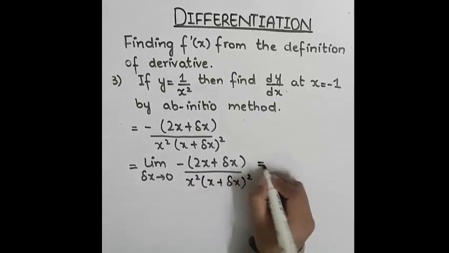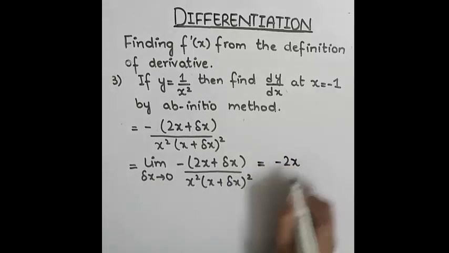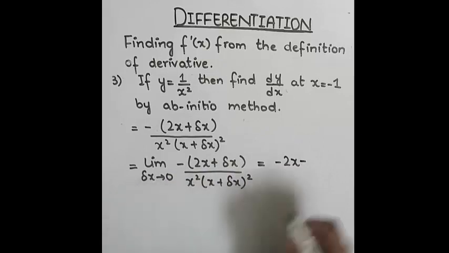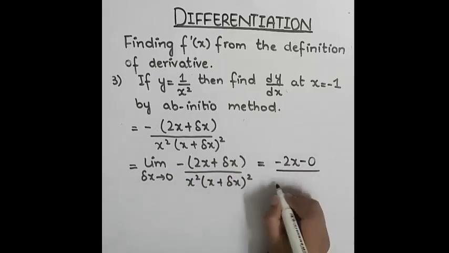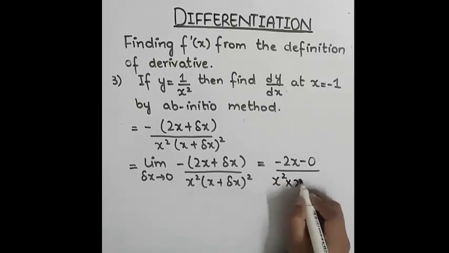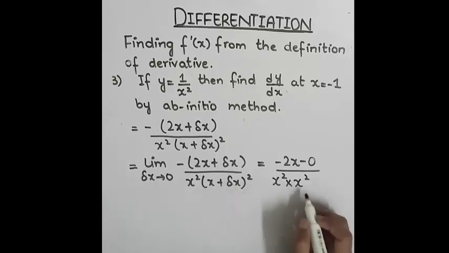Now applying the limit, the value of delta x is approaching 0, so we have minus 2x divided by x square multiplied by, when we open its square, (a plus b) whole square, both the delta x terms will be cancelled out and we are left with x square.